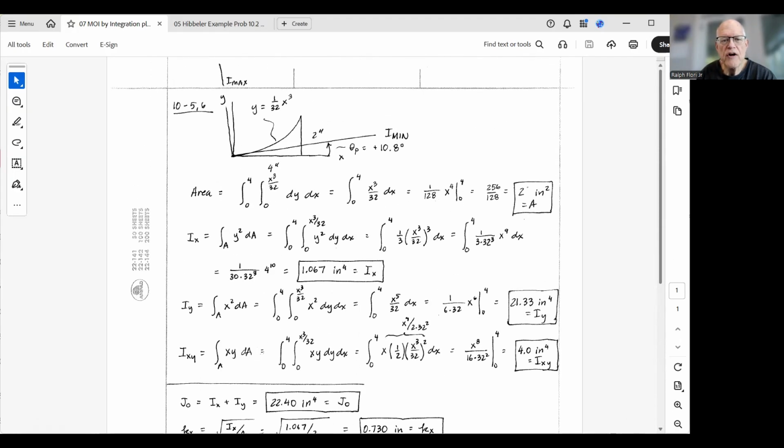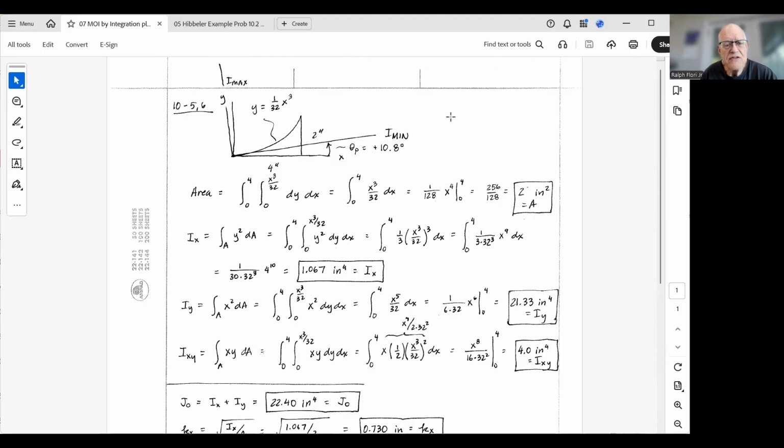And so we actually go in here and draw this. So 10.8 degrees up. And 90 degrees from that is this other axis. If you had a Mohr's circle, you could tell whether that 10.8 degrees was taking you to Imin or Imax. Or you could plug that 10.8 degrees into a transformation equation, which would give you Imin or Imax.